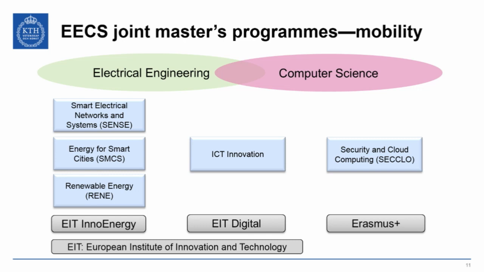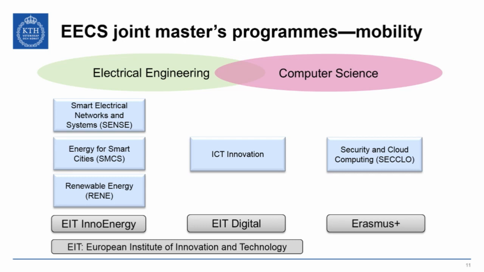So the very observant student can see that ICT innovation appeared both in the previous slide and in this one. That brings us to an interesting opportunity for those navigating our programs right now. If you are interested in such a field, which is available both through a KTH program and through a joint program, you have multiple choices to enter that program. You can apply to ICT Innovation, the KTH local program, through the KTH admission system, and have access to the KTH scholarships related to that.